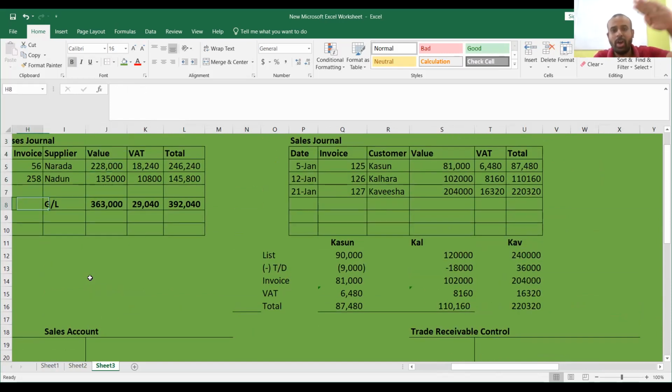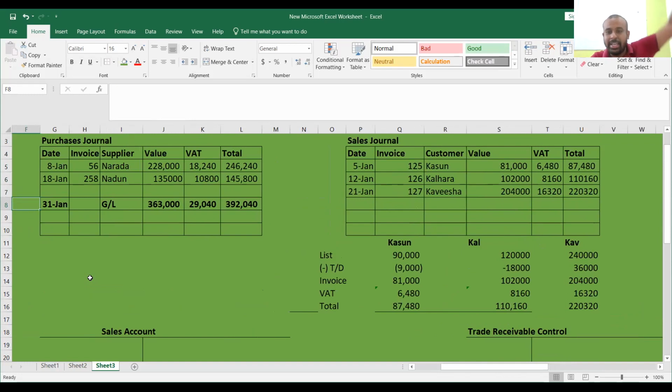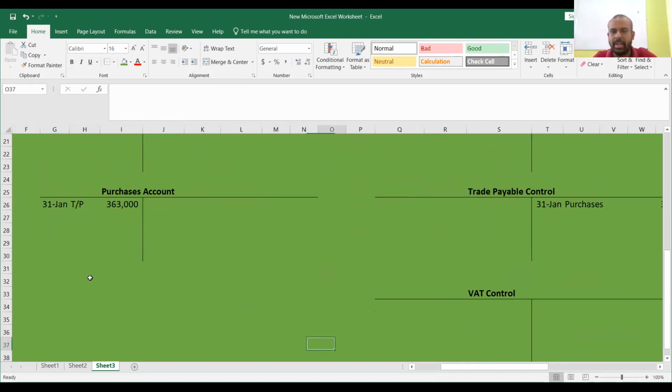Now VAT on purchases is an asset. It needs to be debited to the VAT control account and credited to the trade payable. So on 31st January, debit VAT control, and credit trade payable.